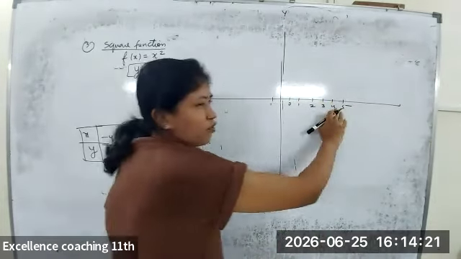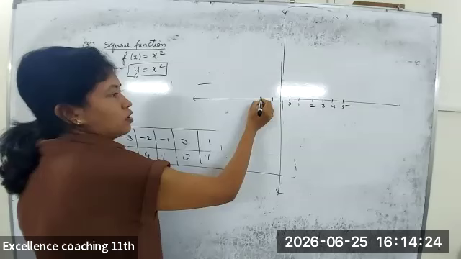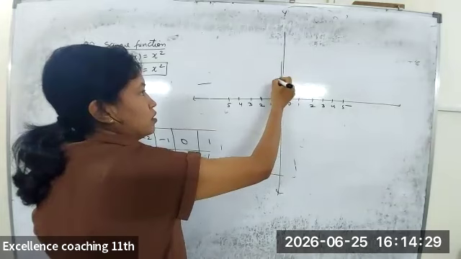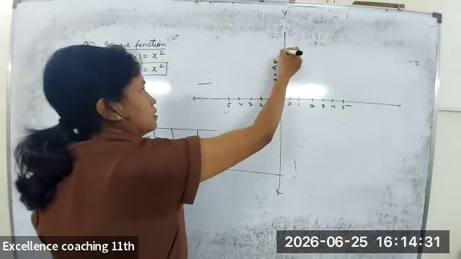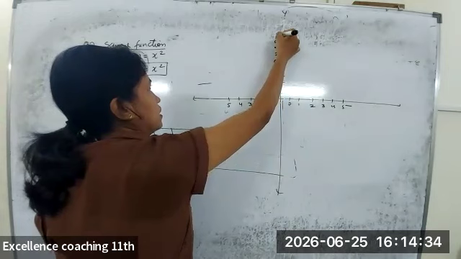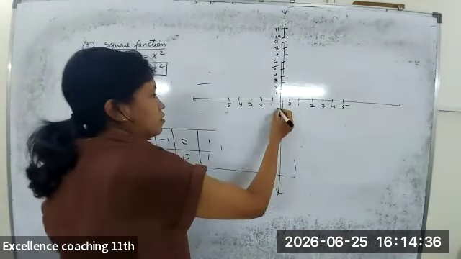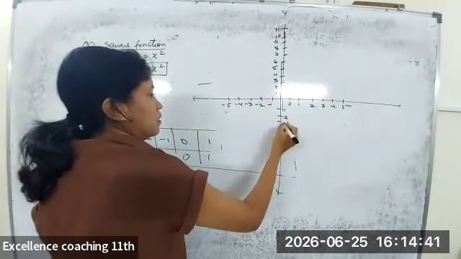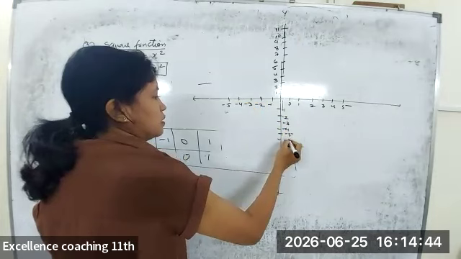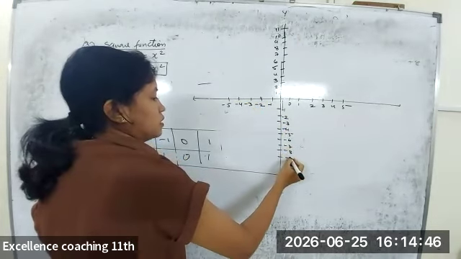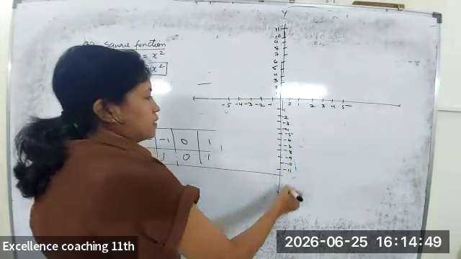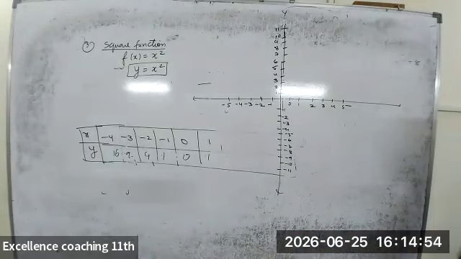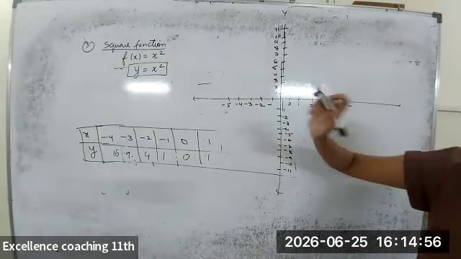X values we are taking up till 4 only, so no need to write till all. -4 will be 16, so that we will not take.